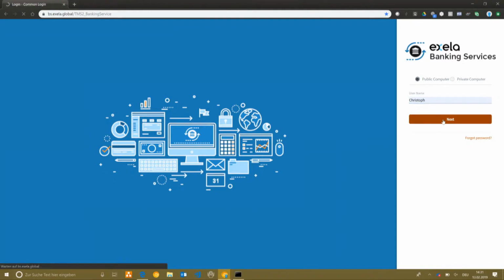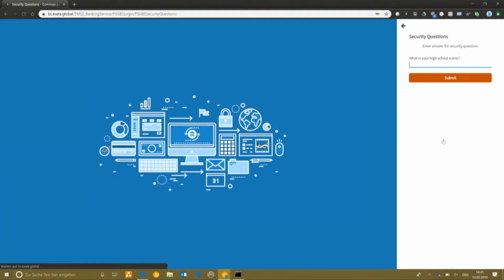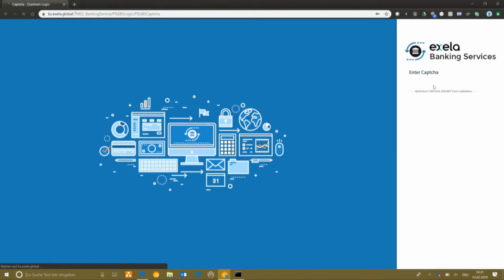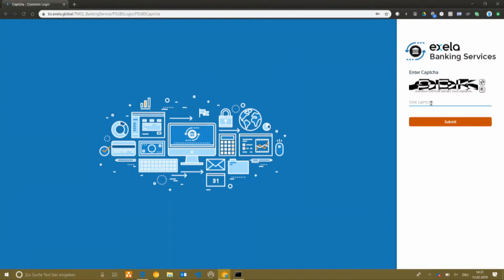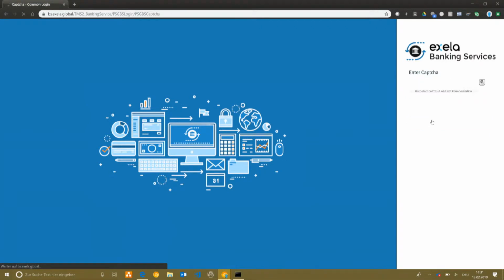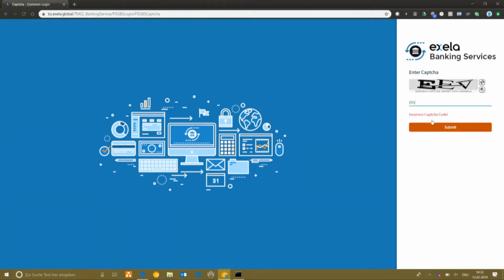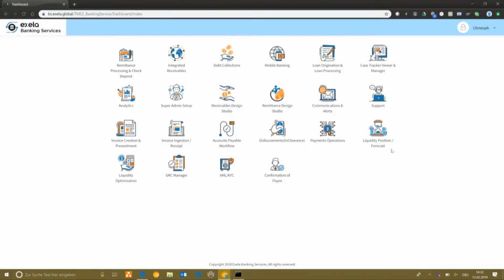What I'm going to show you is our financial service and payment platform, and I'm logging into our banking services. This is the single sign-on into our banking platform with applications like our mobile banking, remittance processing, or loan origination.